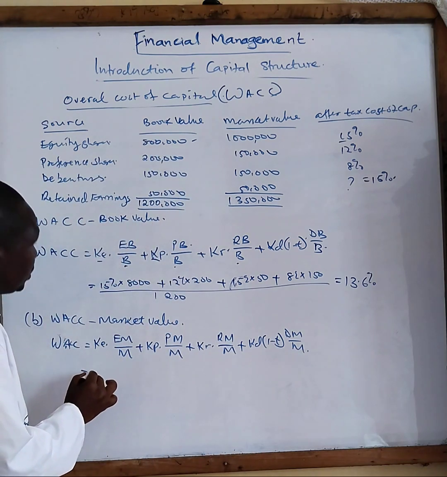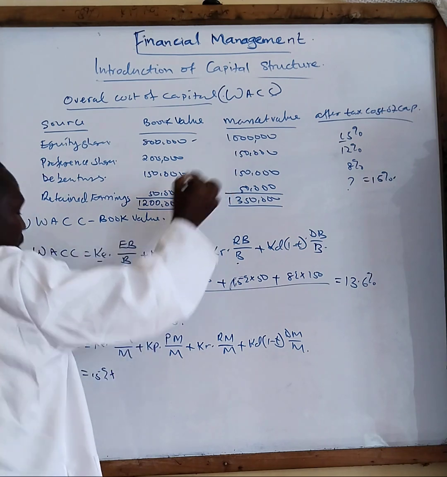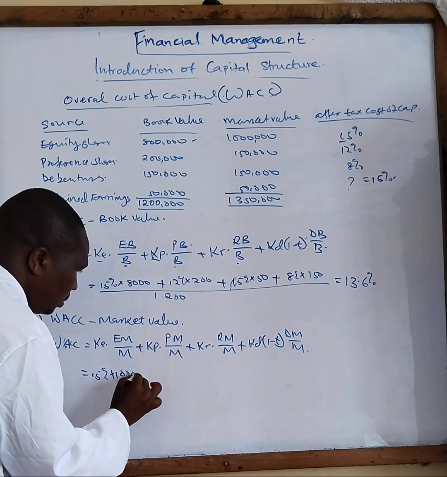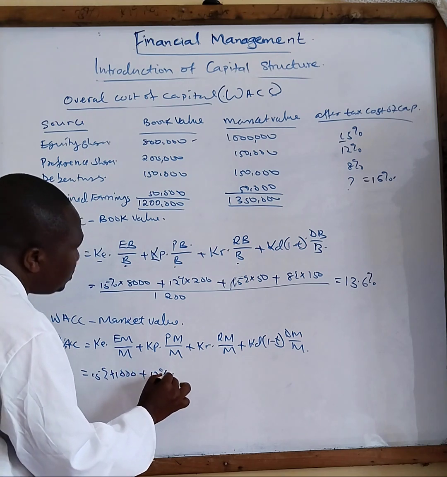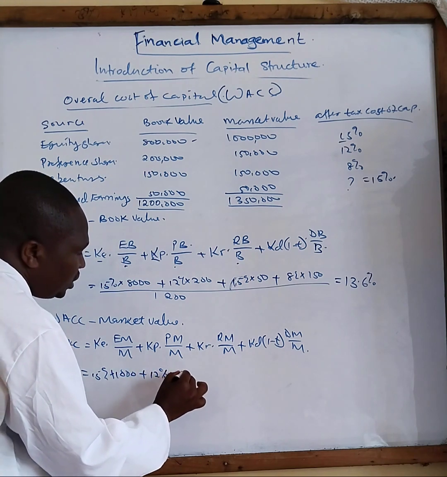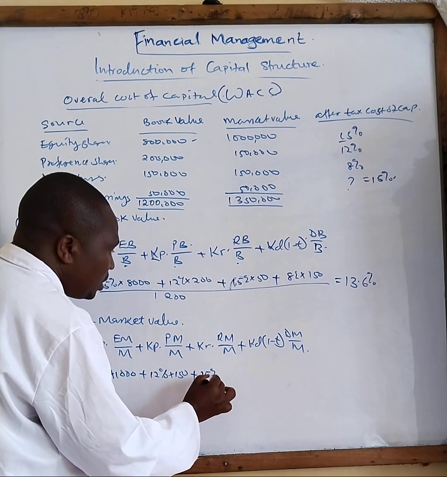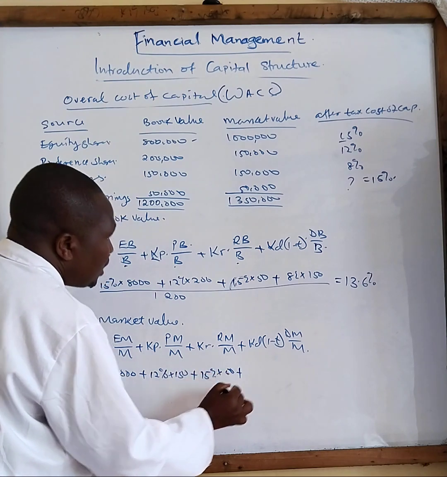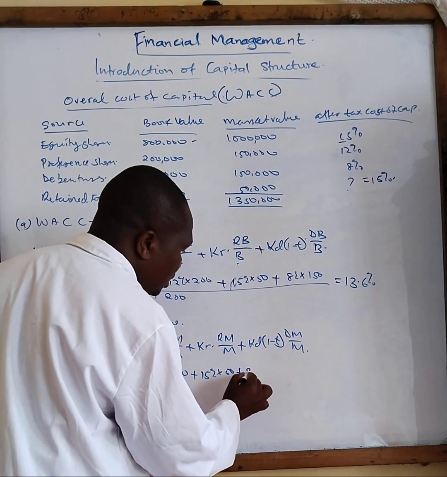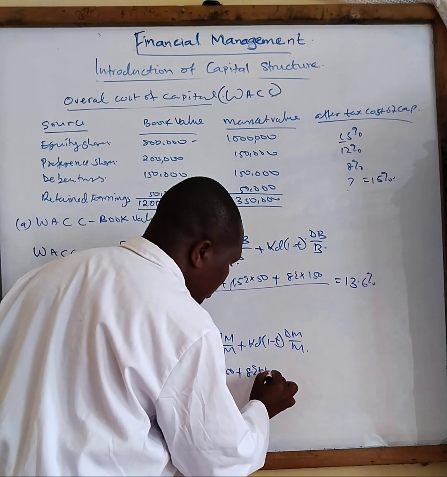Substitute: cost of equity 15% times the market value 1000, plus cost of preference 12% times the market value 150, plus cost of retained earnings 15% times the market value 50,000, then plus cost of debt 8% times market value 150.